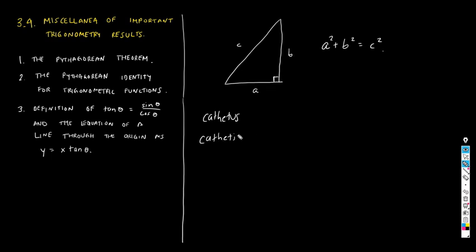A y B son catetos. Cathetus, singular, catheti, plural. There you go. And this is called the hypotenuse. And these words, hypotenuse, cathetus, and catheti, only work in the context of right triangles. You cannot use them in the context of any other type of triangle.